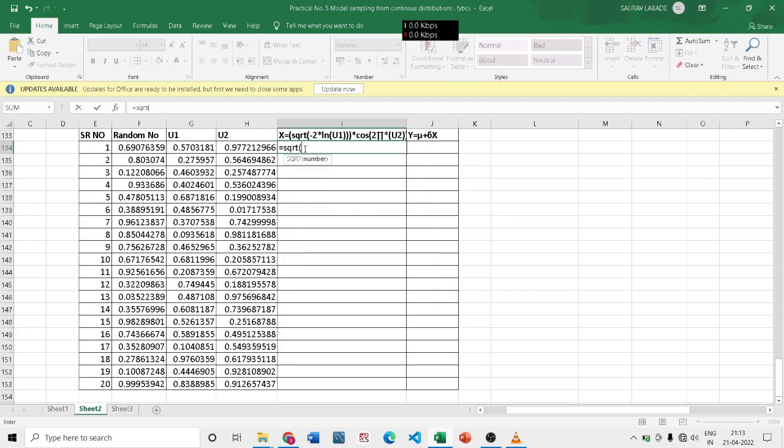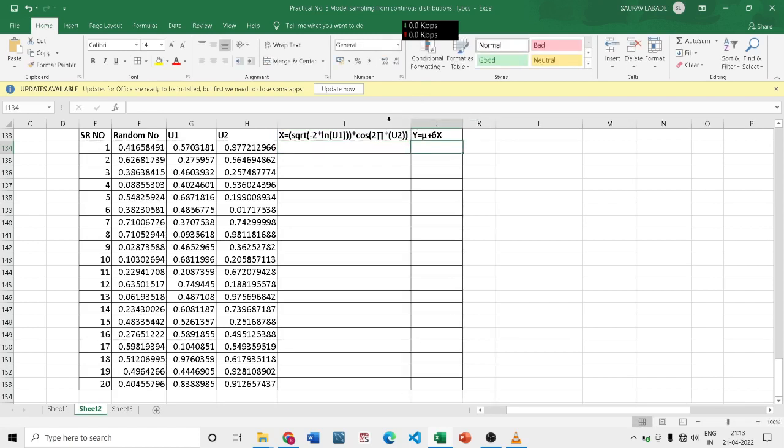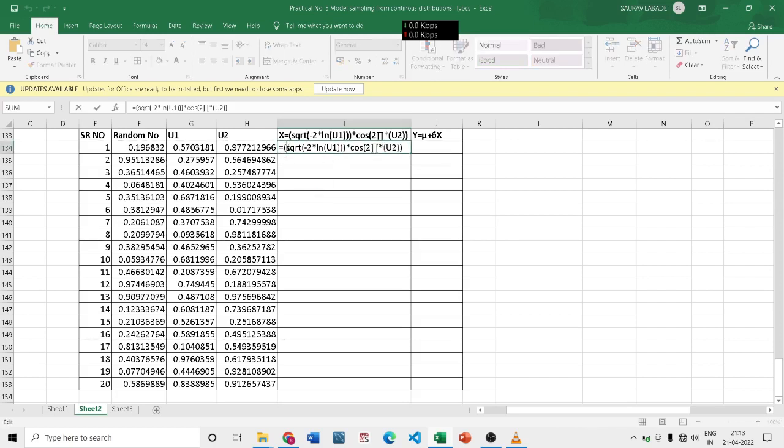Square root of minus 2 star ln of this number, right?